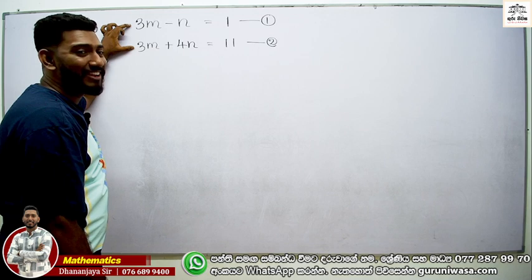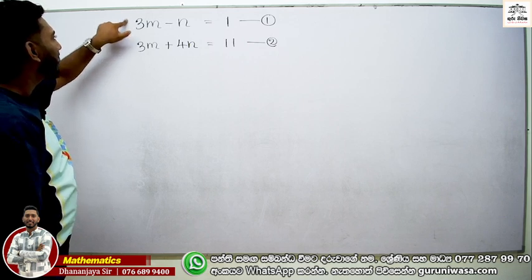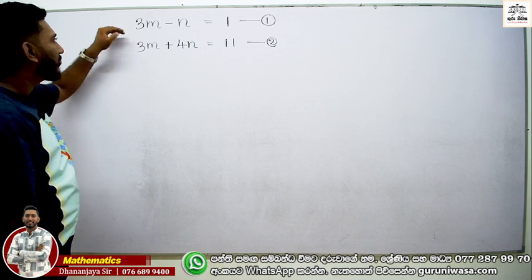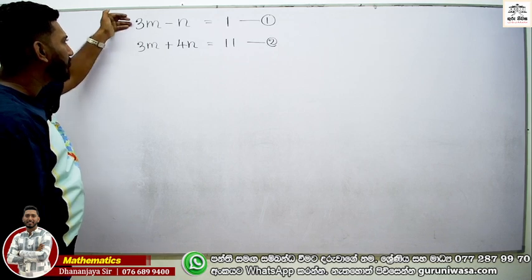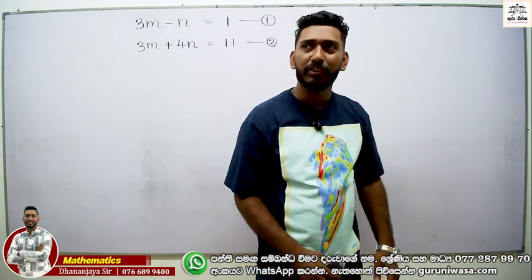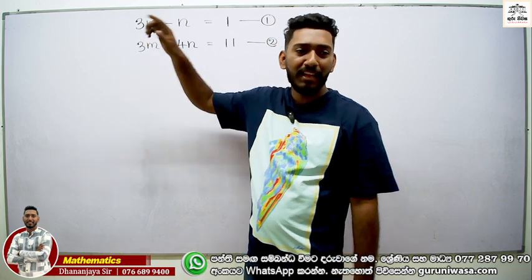This one is a plus. This one is a plus. Therefore, the signs of the first equation and the second equation for the m terms are equal signs. The signs of both are the same, right? Equal, right? Understood?